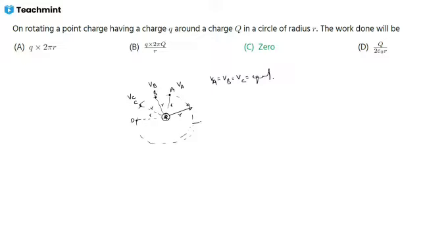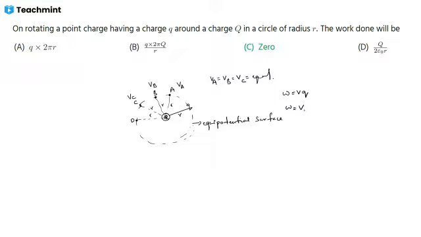So we can call this surface an equipotential surface. According to the formula, work done W is equal to VQ, where W is the amount of work done in moving a charge from one point to another.